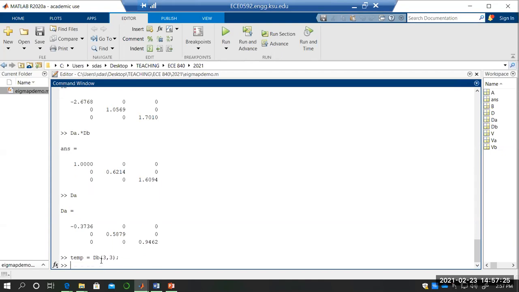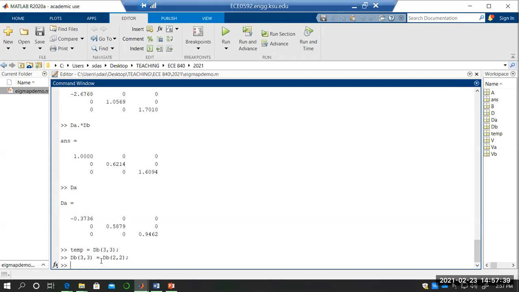I'll store this aside, and dB(3,3) equals dB(2,2). I'm just trying to swap the two eigenvalues. The order is different. It's not following the same indexing.